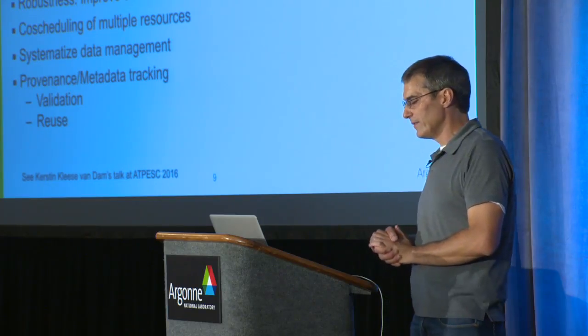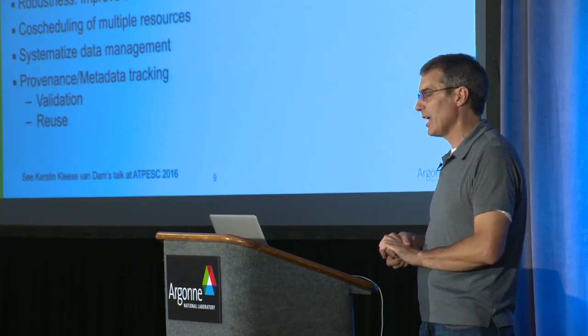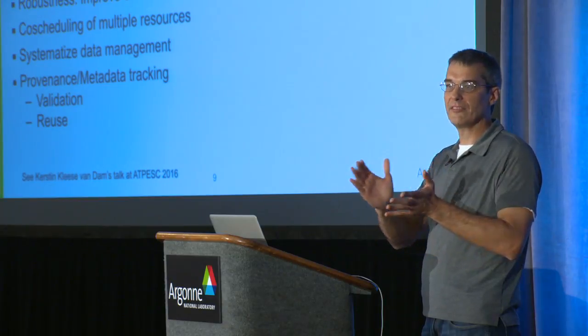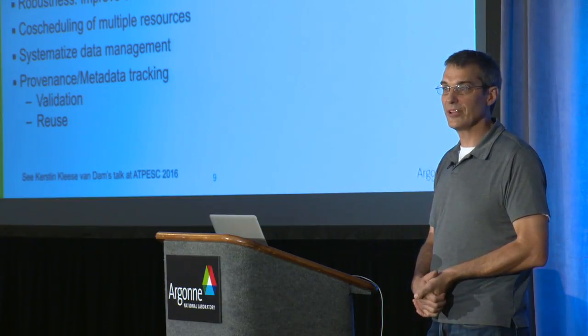Usually, for a lot of people, I would say provenance is not a term that's in their vocabulary already. If they think about the details of their jobs and how they ran them, they think about what parameters they gave their application and which application they ran.